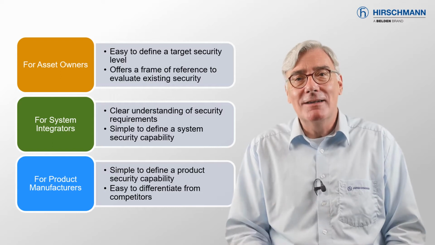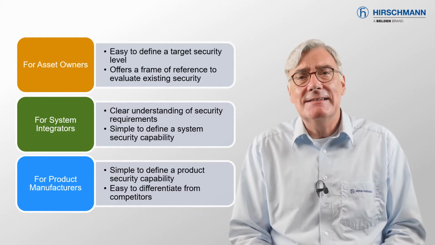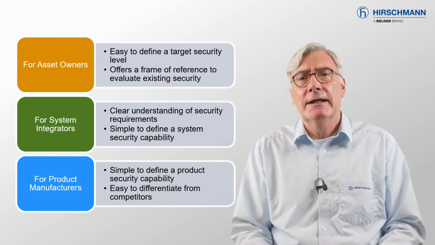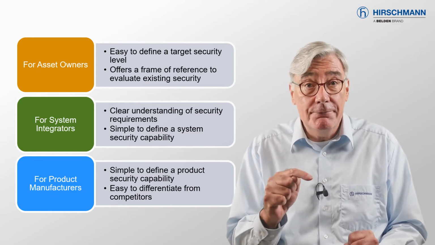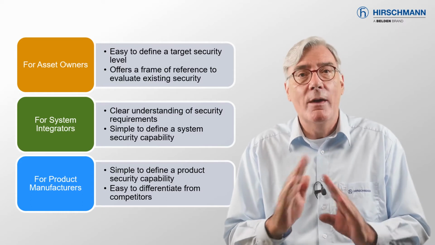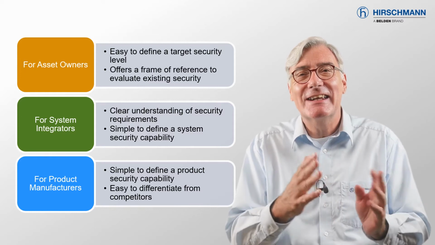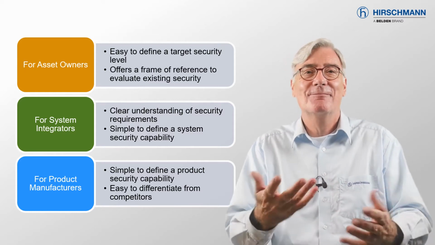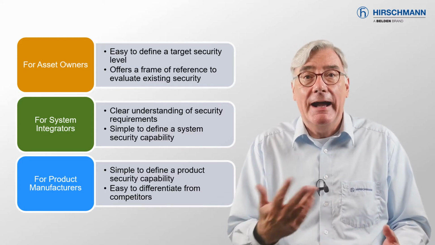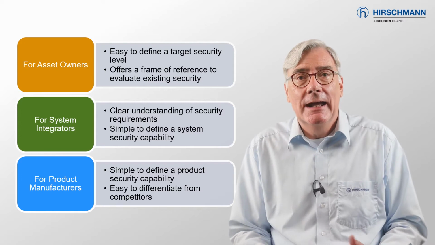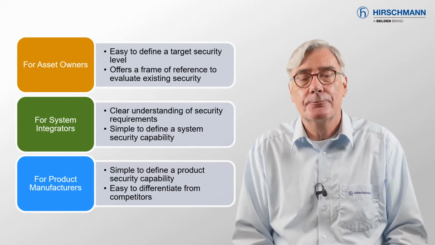So, what are the advantages of 62443 for each group? For the asset owners, a clear advantage is the ability to define a required security level with reference to a threat level without having to define the functionality which is required from each individual component. Of course, different areas or functions within a network have different security requirements, and the 62443 standard takes this into account.